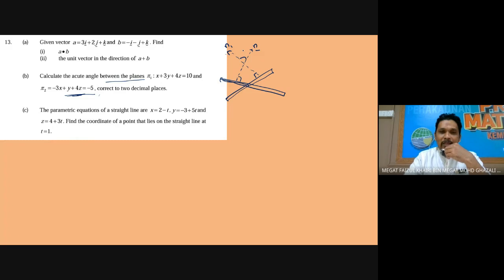So find out the angle theta using n1 dot n2 divided by modulus of n1 times modulus of n2, and this is cos theta. So then theta equal to cos inverse of n1 dot n2 divided by modulus of n1 modulus of n2. Okay.